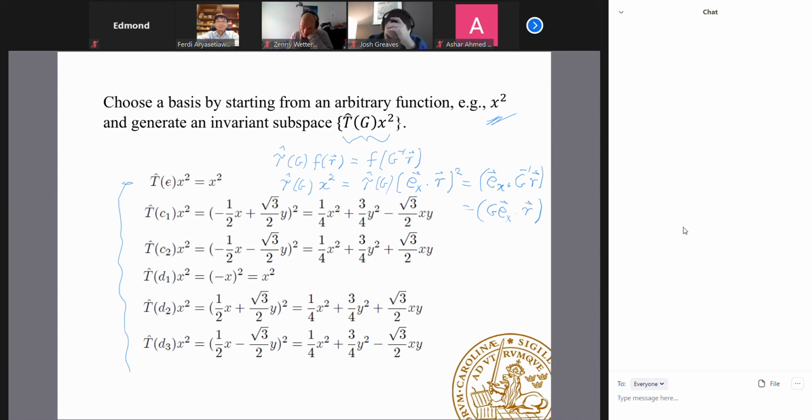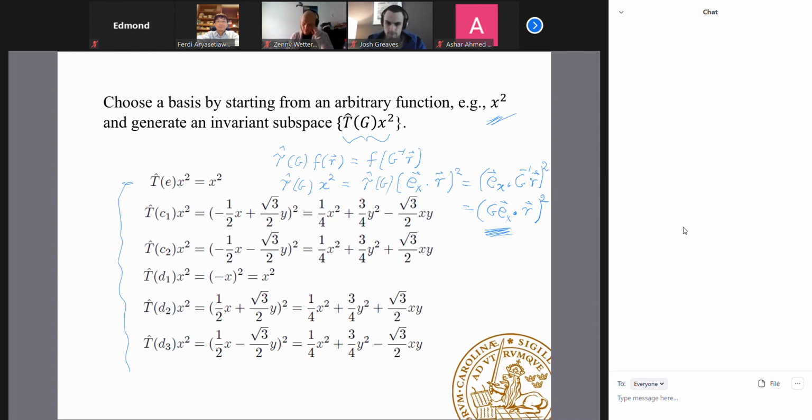And then we can use the table that we have worked out before to calculate this dot product. So it's quite straightforward. It's quite simple. So for example, if we take the C1, then it just becomes, sorry, it should be squared here.